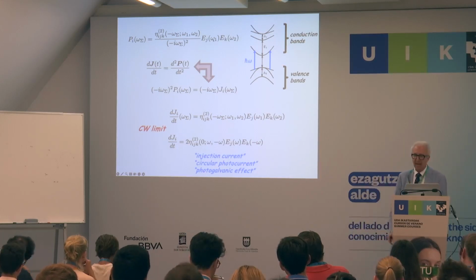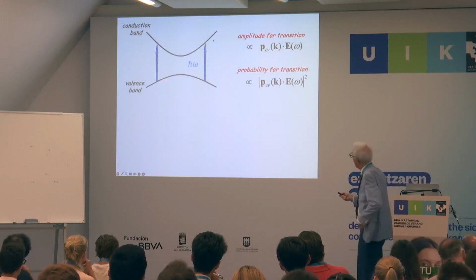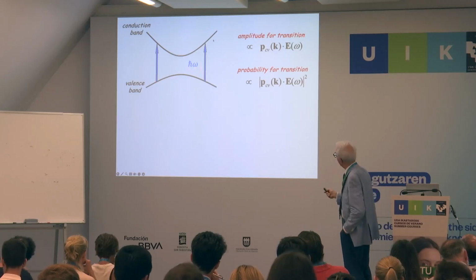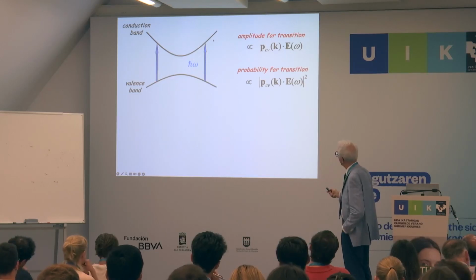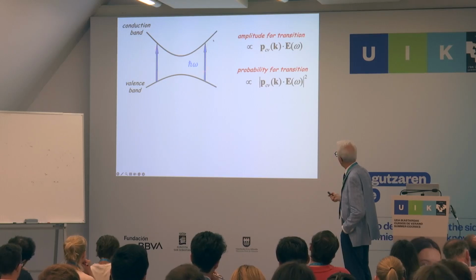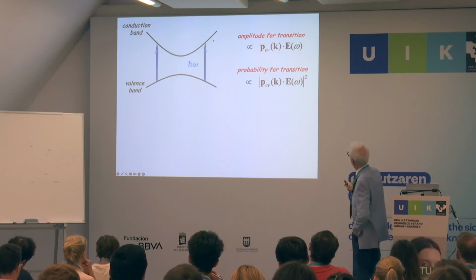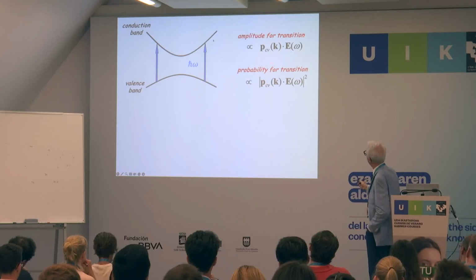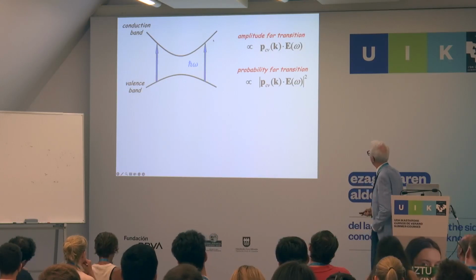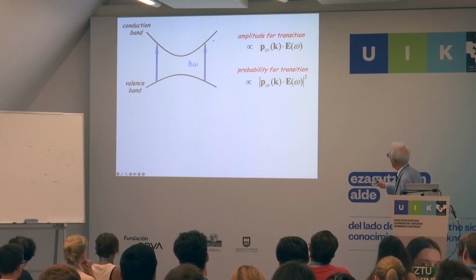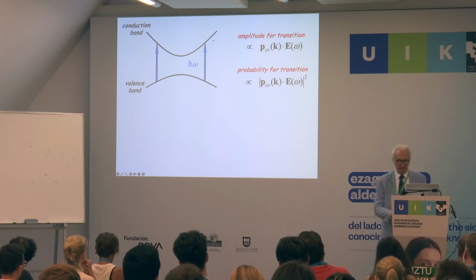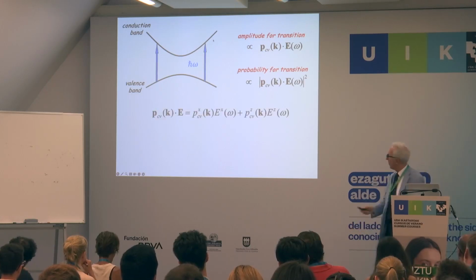What's happening here is that I can inject at a given frequency omega, and I can get absorption here or absorption here. There'll be a probability. There's a momentum matrix element going from V to C times the electric field, and the probability for the transition goes like the square of that. But look what's going on here.